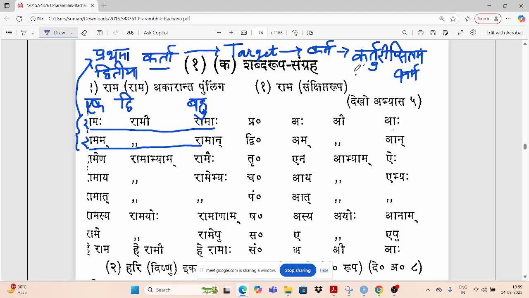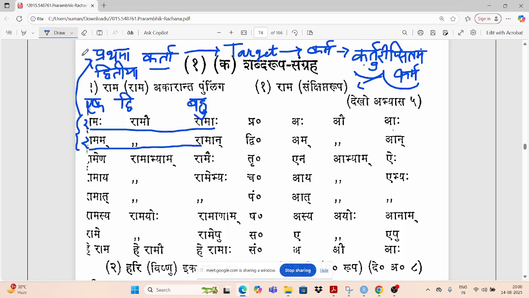So, to create karta and karma, we require a sangya or a sarvanama. Very clear. So we require a sangya or a sarvanama, please take note, to create a karta and a karma and associate them. And what else is required to associate them? The kriya. Kriya is most necessary. So that is one thing.